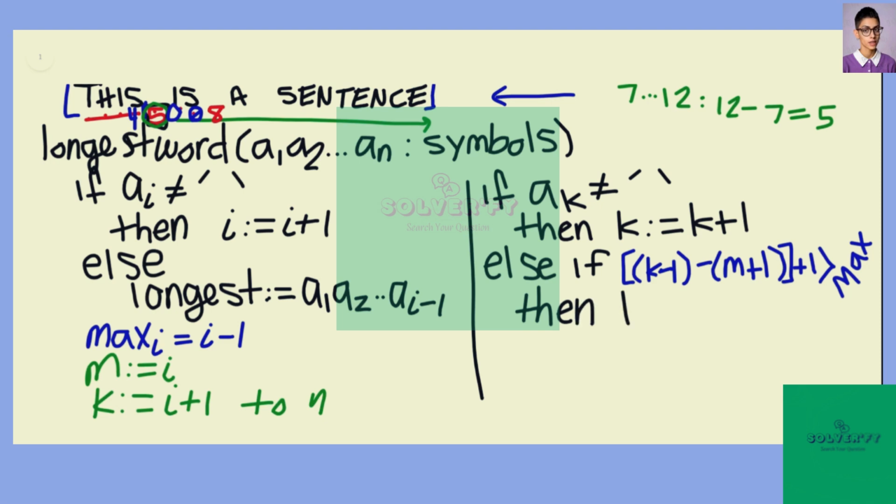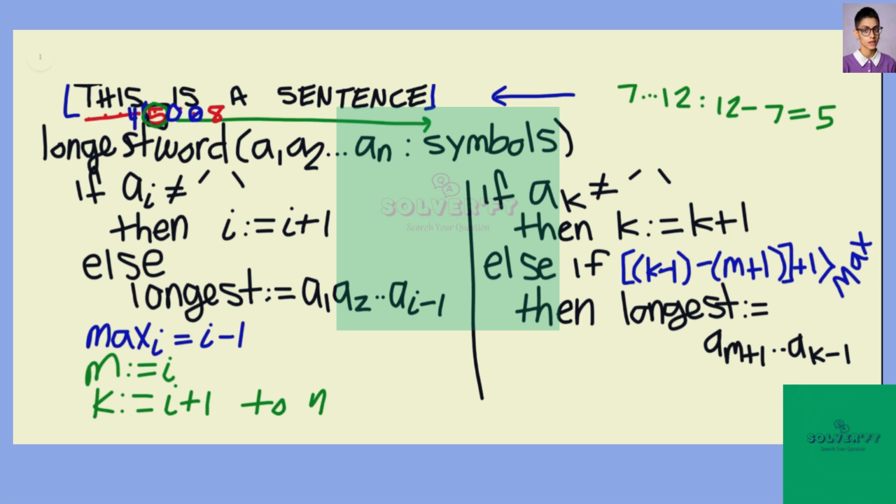Okay, so then we need to reset our variable longest. And we're going to set it to the new word we found, which runs from a subscript m plus 1 all the way to a subscript k minus 1. And again, we add and subtract 1 for the same reasons as before, so that we're not sitting at the spaces, but at the first and last letter of the word.